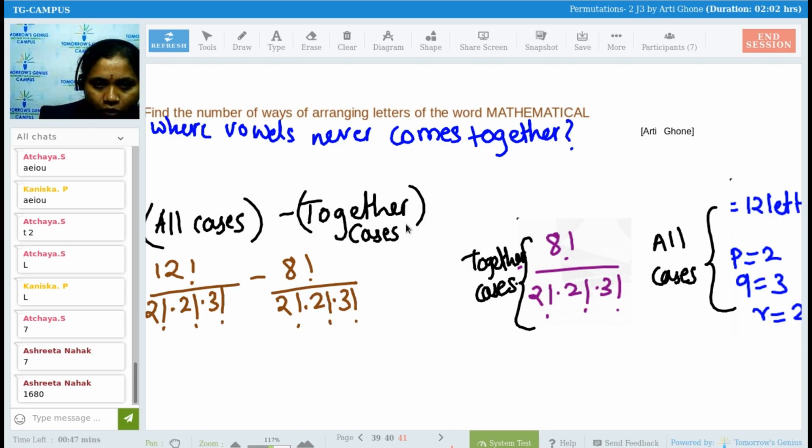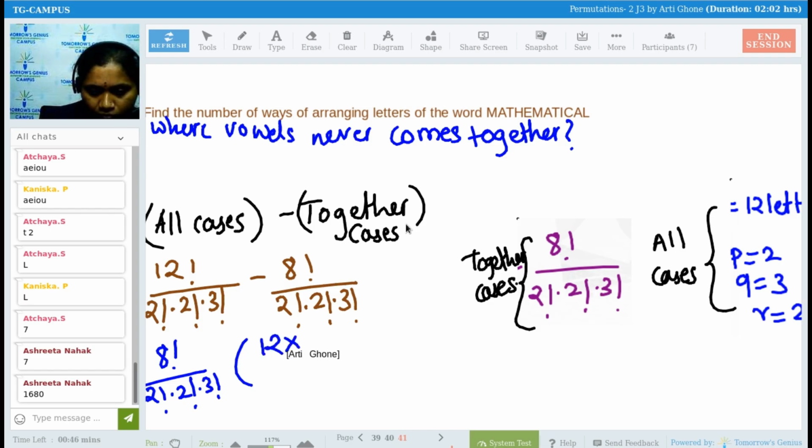What you are able to take common, you can do that first. So if you take 8 factorial upon 2 factorial into 2 factorial into 3 factorial common, what remains? 12 into 11 into 10 into 9 into 8 factorial, out of which 8 factorial is common, minus 1.